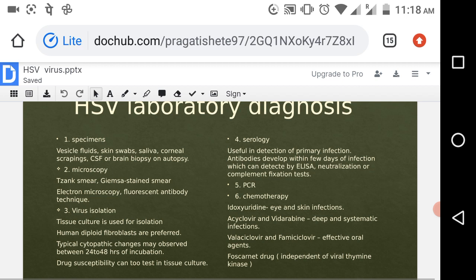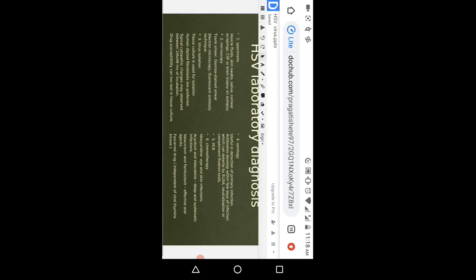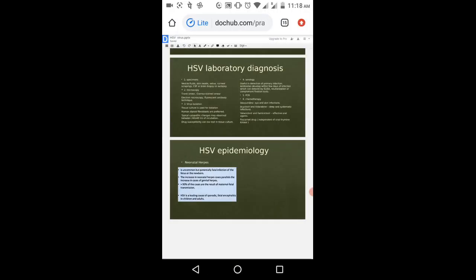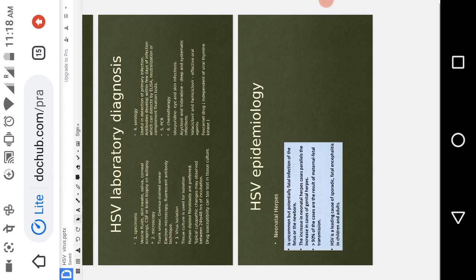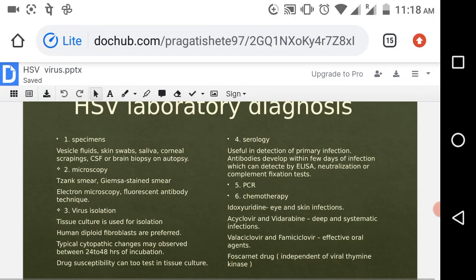ELISA plays a crucial role in detecting the primary infection. Why? Because if the person has a primary infection of herpes, it will produce antibodies against that, and those antibodies we can determine using ELISA. Along with ELISA, we can use the neutralization test or the complement fixation test.